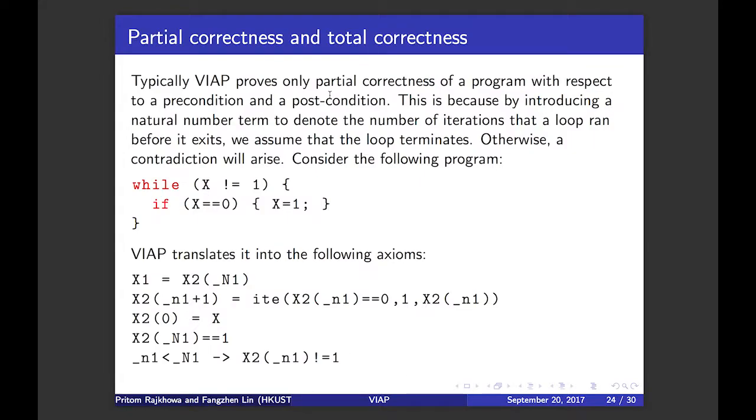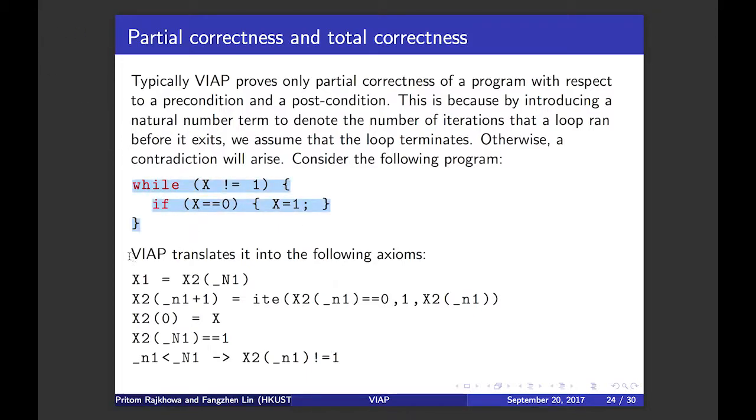On partial correctness and total correctness: typically VIAP proves the partial correctness of the program with respect to the pre and post condition. This is because, by introducing a natural number term to denote the number of iterations that a loop runs before it exits, we assume that the loop terminates. Otherwise, a contradiction will arise. Consider the following program.